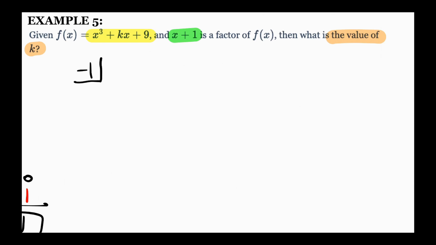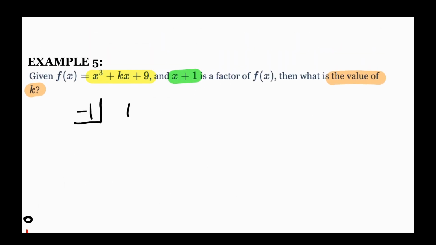Okay. So now I got to set up the other part, the coefficients, right? The coefficient of x to the third power is 1. And then what comes next? Not k. 0. Yeah, it's missing a term here, right? So I got to rewrite this.